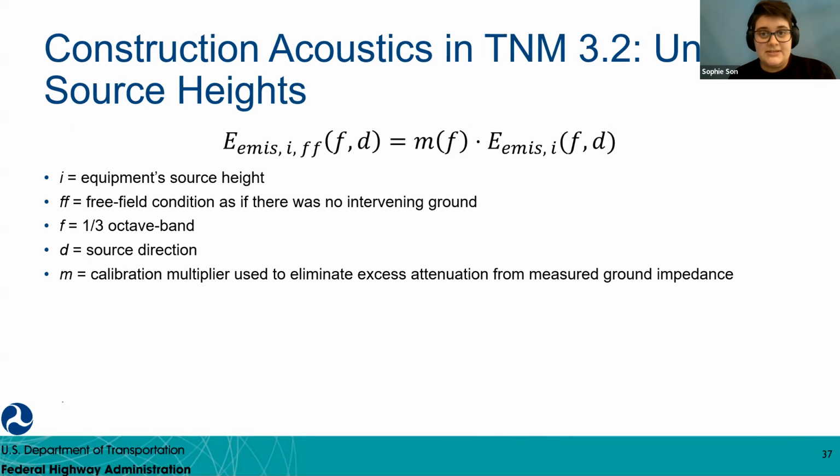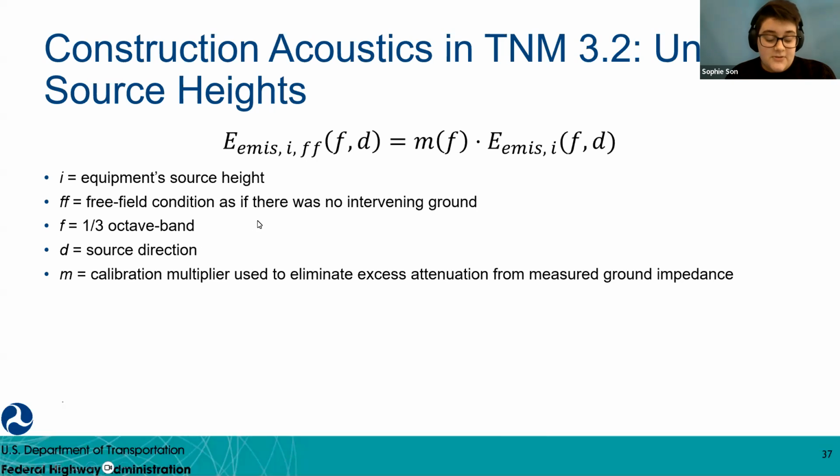And of course, we all know that TNM also applies the ground effects based on what you have input into your model, based on ground zones, tree zones, default ground type, etc. And we don't want to double count the ground effects from the measured location as well as the modeled location. So you have to remove the ground effects from the measured data before calculations can begin.